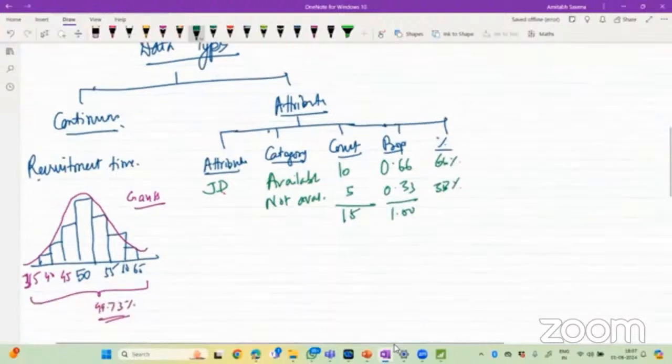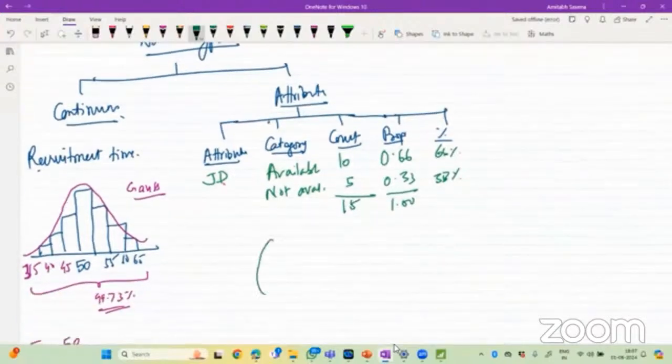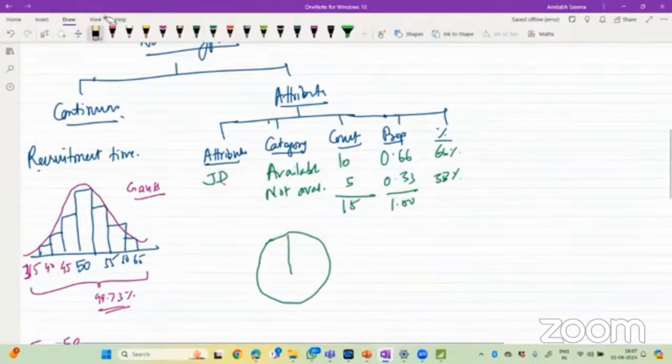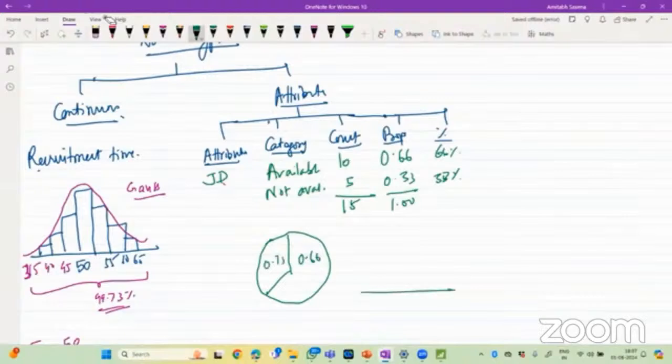And when I'm displaying any attribute data, I cannot make a histogram. I will always make a pie chart. Okay, here 33% will look something like this. So 0.66 or 0.33. Or I can make a bar chart. 0.33, 0.66.